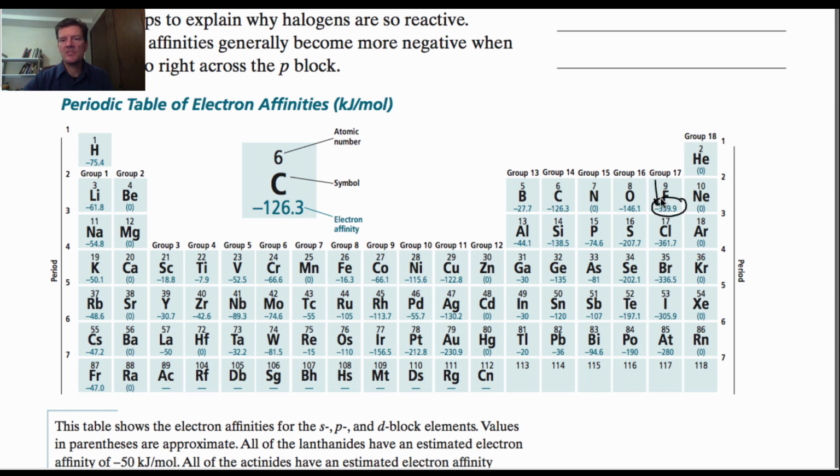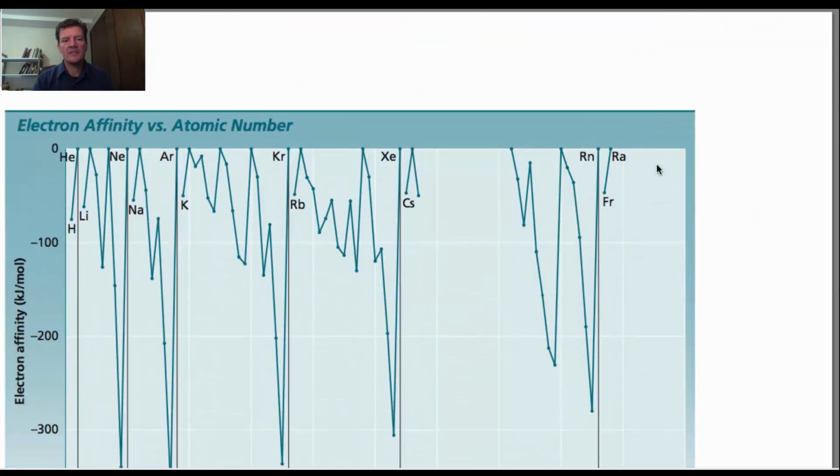Again, the negative number is just telling you that it's released. A large amount of energy released when fluorine gains an electron. So again, this is increasing. Why would that be? Because the smaller atoms can really pull in electrons, and as a result, give off a lot of energy when they add electrons.